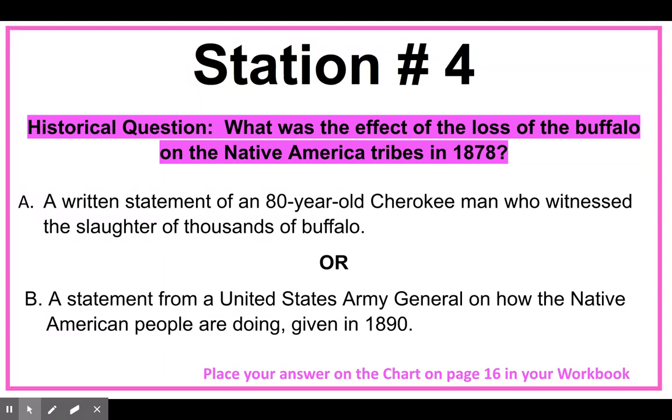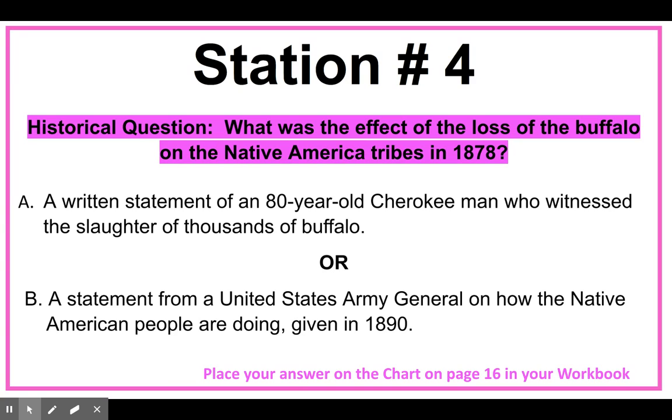So stop the presentation, and source A is the Cherokee statement, and source B is the Army general. Fill out that chart on the bottom of page 16, and press start when you're ready to review.